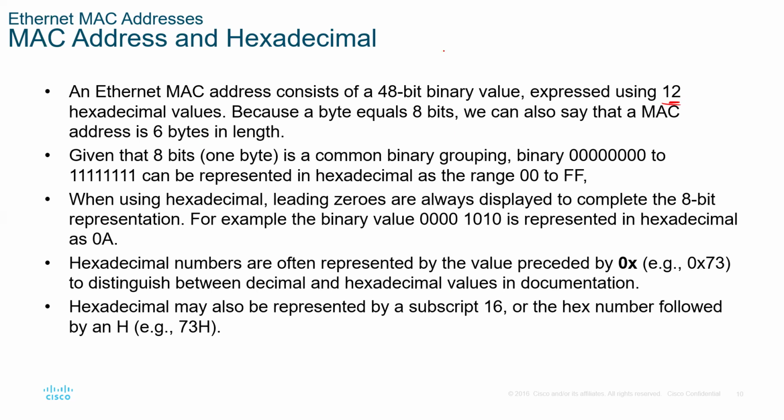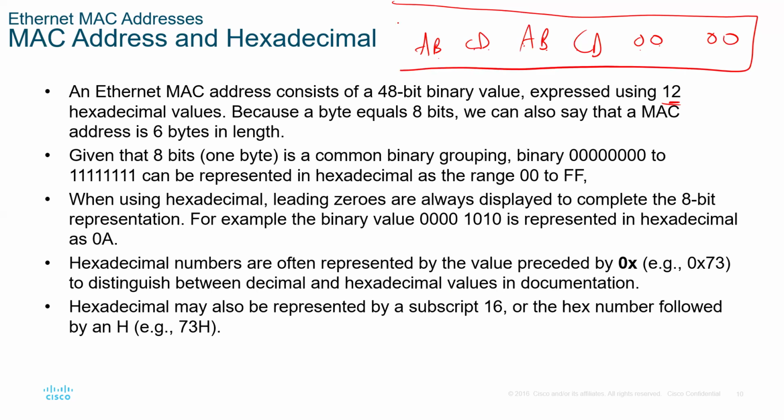So what we have, we can have A, B, C, D, A, B, C, D, 0, 0, 0, 0. 1, 2, 3, 4, 5, 6, 7, 8, 9, 10, 11, 12. This is an example of a MAC address, 12 hexadecimal values.